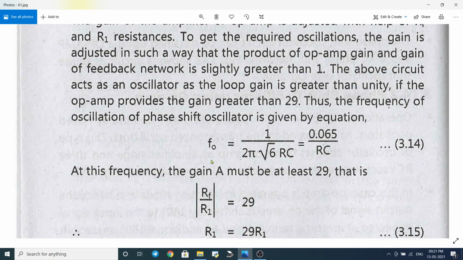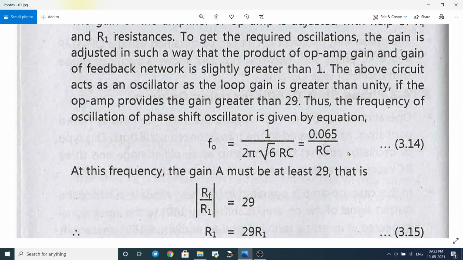We get the output sine wave with frequency f0 equals 1 over 2 pi square root of 6 into RC. Or if you substitute the value of 2 pi into square root of 6, this comes out to be 0.065 upon RC. So the output frequency of the phase shift oscillator is f0 equals 1 upon 2 pi square root of 6 RC, equals 0.065 upon RC.